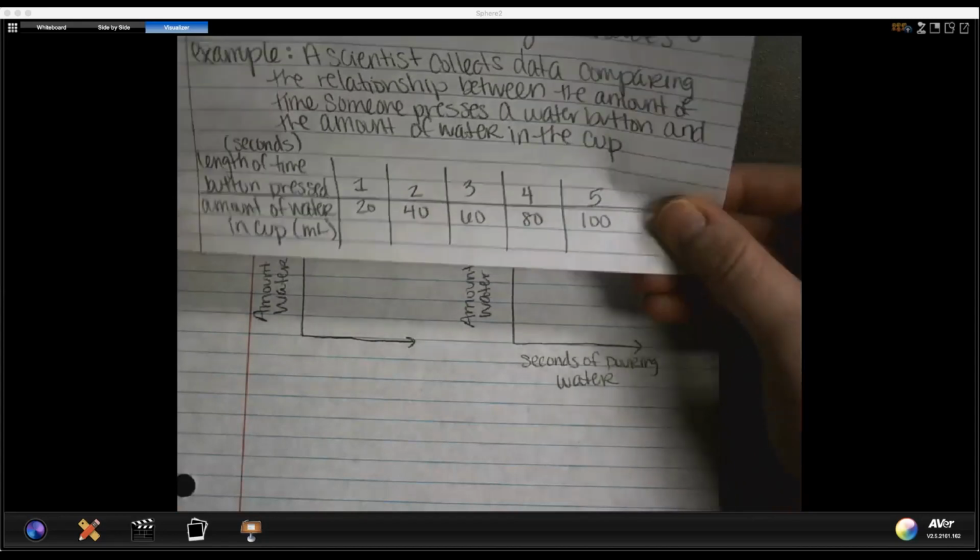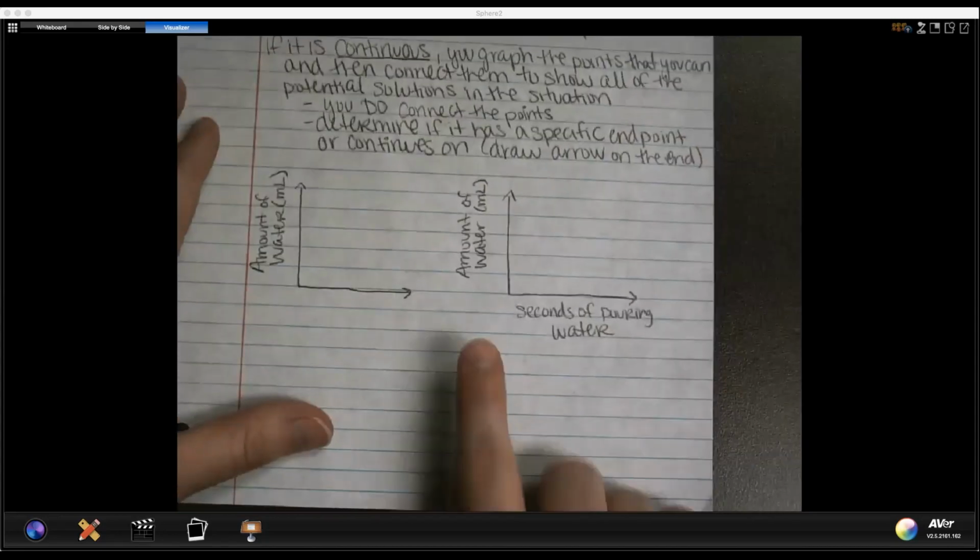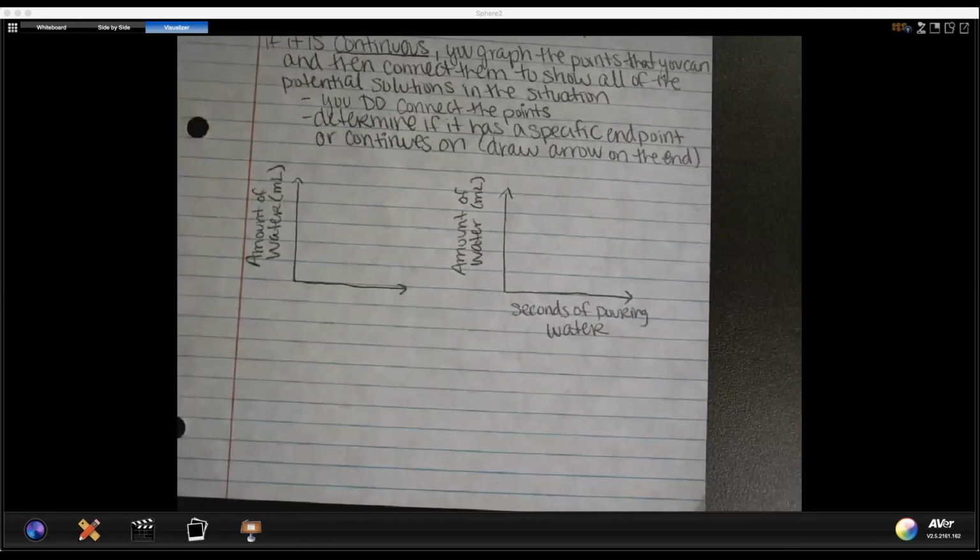This was continuous. So if we're thinking about seconds of pouring water, could I find half of a second? Yeah, so if I can find half of a second or a second and a half, is that continuous or discrete? Continuous. Remember, it's based on what you're looking for.